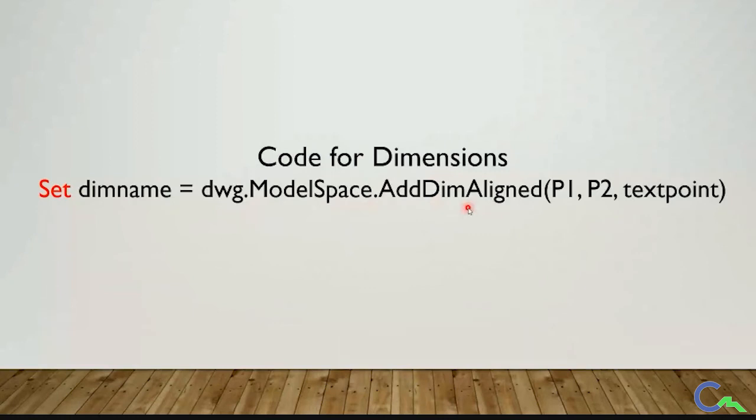In the same way, for dimension we have dwg.ModelSpace.AddDimAligned, or you can add DimRotated. There are many types of dimensions in AutoCAD. You have to give the first point, the second point, and the point where the text has to come.